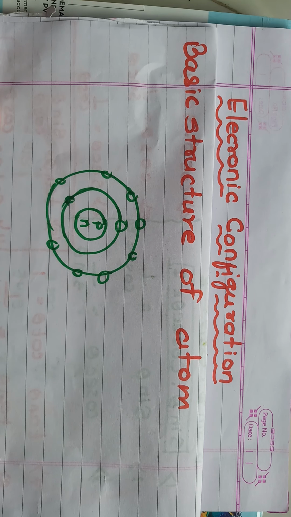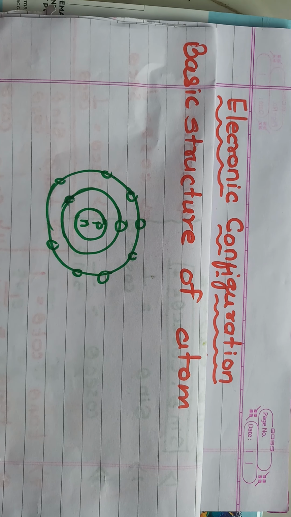Now, electrons are revolving around the nucleus, but all the electrons do not revolve in a single orbit. Different numbers of electrons revolve in different orbits. So the distribution, or we can say the arrangement, of electrons in different orbits is called electronic configuration.